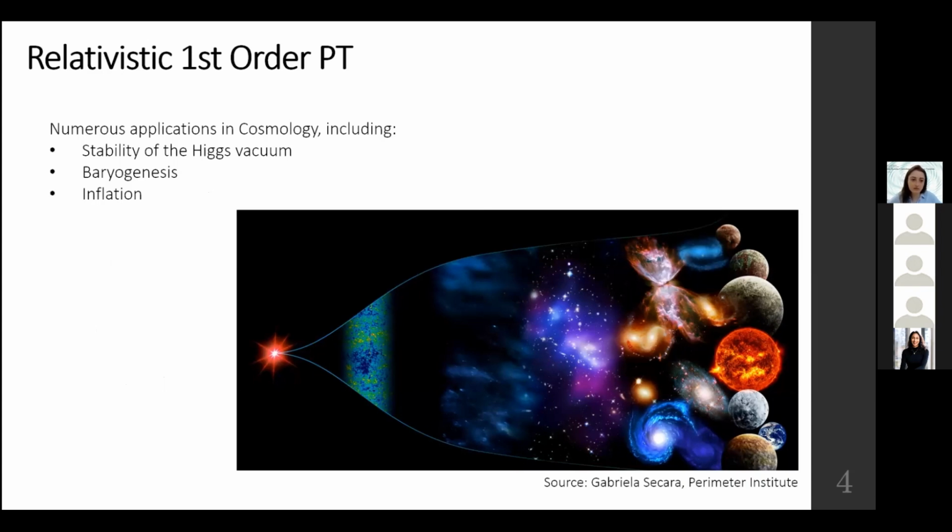Most notably, I would say it's a candidate for explaining inflation or baryogenesis, and more recently, we think that the Higgs vacuum today could be in a false vacuum state that at one point might decay to a lower energy state. So, lots of things to be excited about.